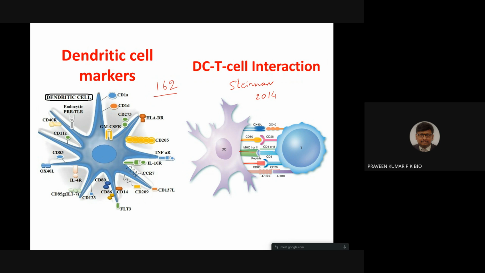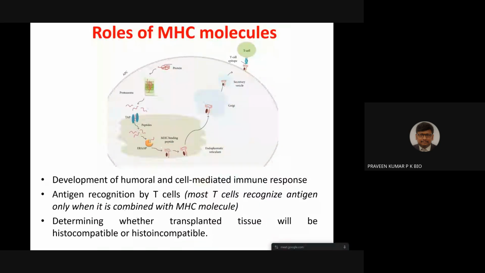And the T cell receptor is also going to interact with the MHC. Then obviously this three-molecule interaction is sufficient for stimulation. We have plenty of receptors, but these three molecules are most important for activation.